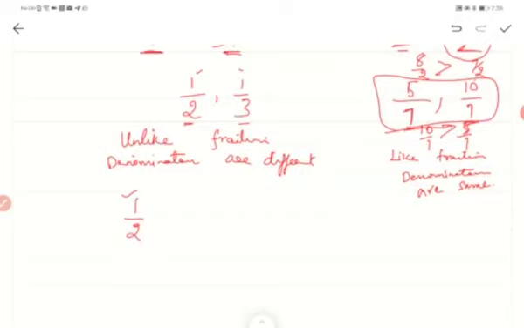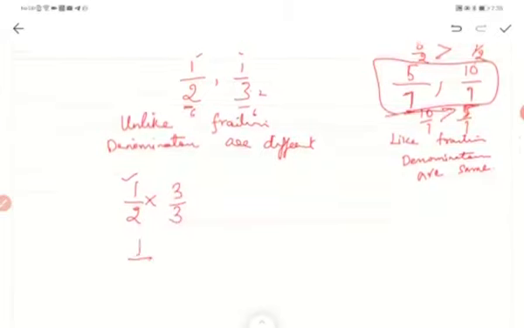If I multiply 2 with 3, I will get 6 in the denominator, and if I multiply 3 with 2, I will get 6 again, isn't it? So I will multiply 1 by 2 with 3 by 3, and for 1 by 3, to make them like, I will multiply and divide by 2.